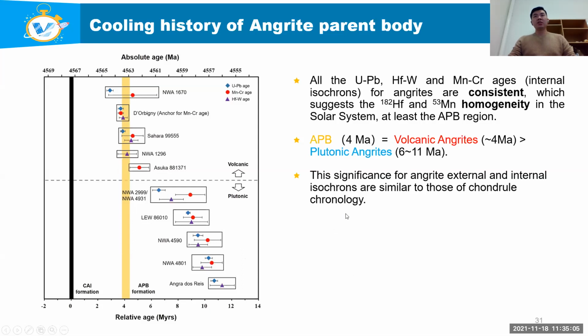I think the significance of the Angrite external and internal isochrons is similar to those of chondrites. The bulk, or external, isochron for Angrites is also my work, and it dates the differentiation of the Angrite parent body, and the internal isochrons for Angrites date the crystallization of the single Angrite meteorite.